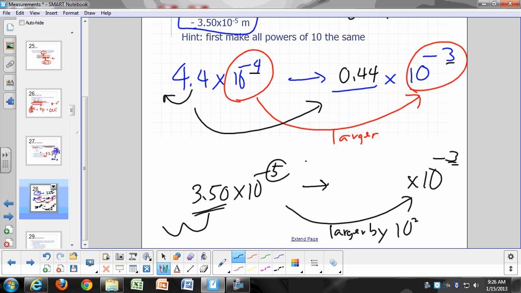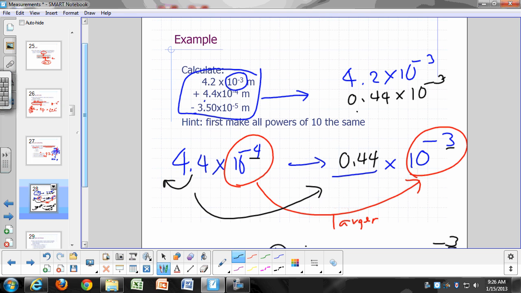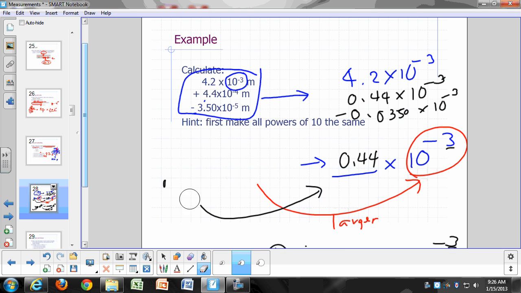You move your decimal point 2 places to the left. So this is going to be 0.0350. Now you have all your numbers with the same power of 10, and you can apply the rules for addition, rounding with significant figures. So, 0.0350 times 10 to the -3rd. Let's have all of those numbers now in one place.